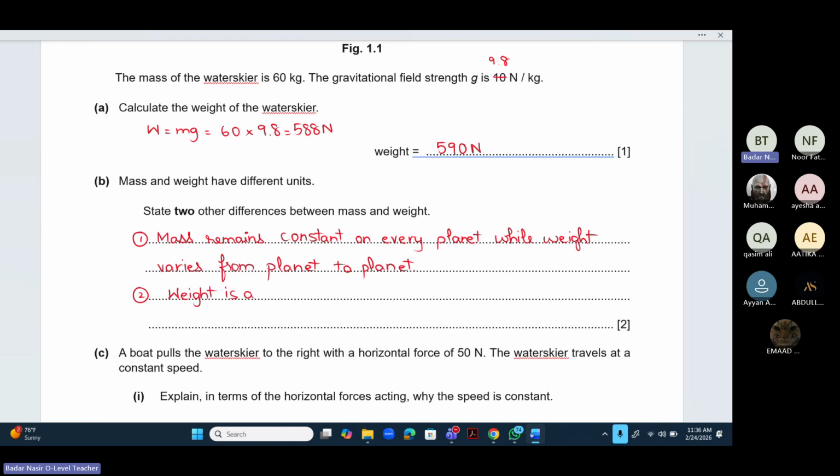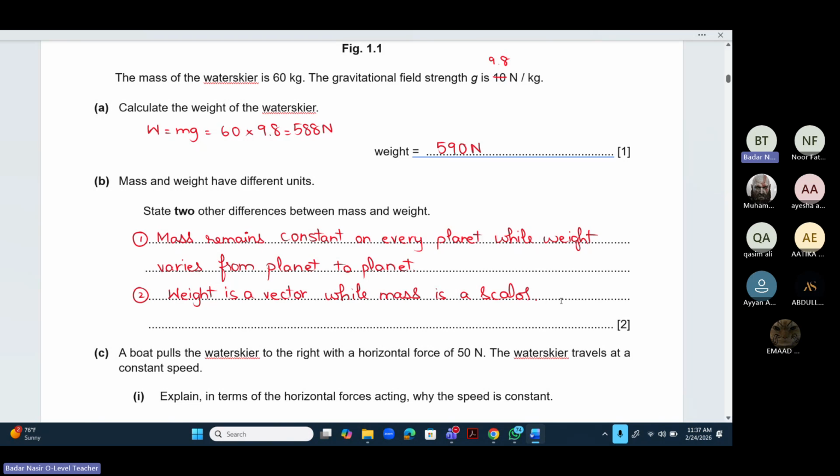So weight is a vector while mass is a scalar quantity. Mass is the amount of substance, whereas weight is the product of mass and the gravitational field strength.